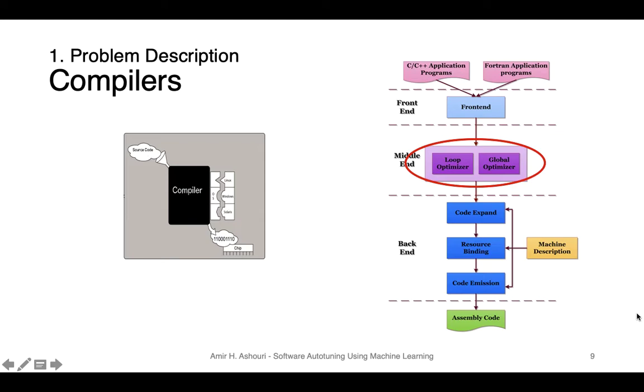We have optimization in the back end as well, but it's outside the scope of my talk today. In the middle end, they mostly target loop optimizations and also global optimizations. So let's see if we can use this type of optimization at this level and come up with a better code that we can generate using the same compiler, right?